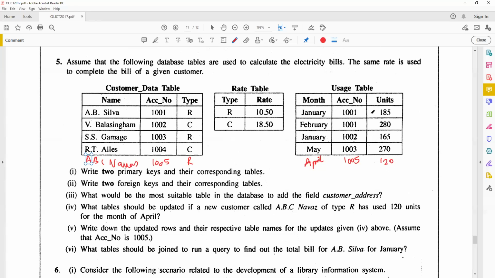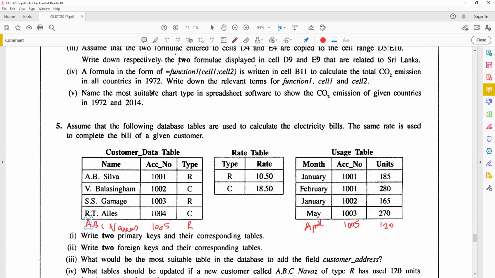To find the total bill, you have to multiply this number of units with the rate. Now rate we are going to consider as the R, that is 10.5. So which means all the three tables you have to use to find the total bill for ABC for January. Right.